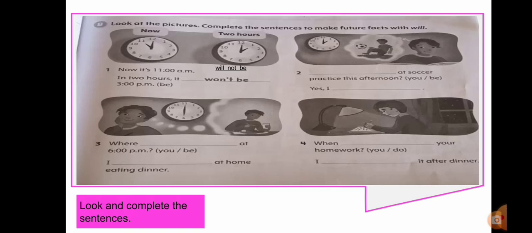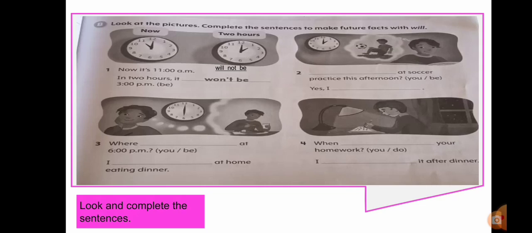Now it's 11 a.m. In 2 hours, it won't be 3 p.m. In brackets, they have given you the helping verb or a hint, we can say. You can write will not be, but the contraction won't is written here. So whenever you will be writing will not, you will use won't. I have written will not be above the answer to clear the concept.